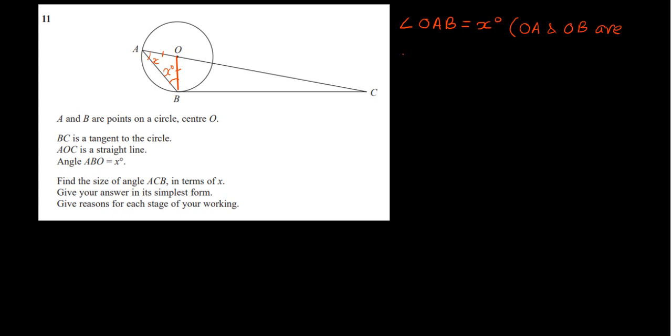Radii is the plural of a radius, so one radius, many radii. And base angles of an isosceles triangle are equal.